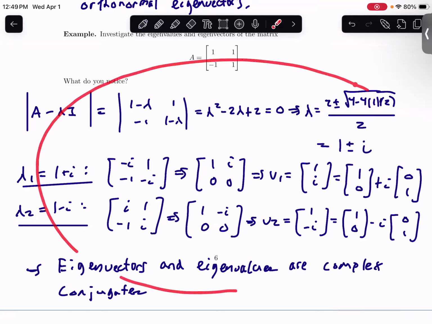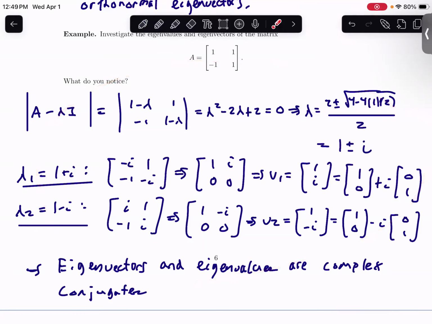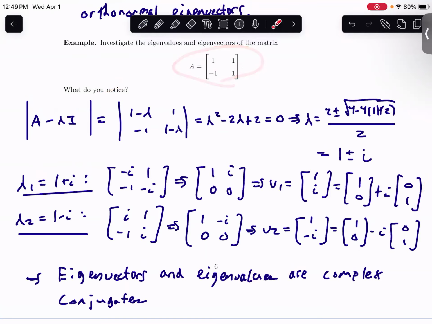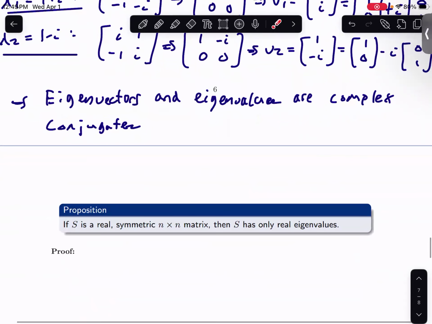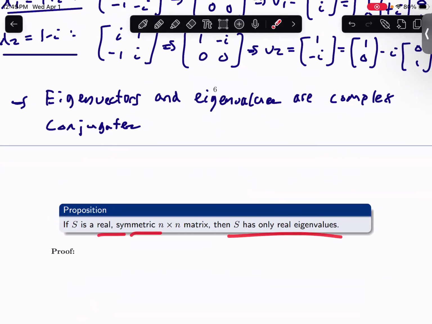The reason I wanted to go through this example is that for non-symmetric matrices, sometimes you get complex eigenvectors and eigenvalues, which is annoying. But this next proposition, which we'll prove a week and a half from now, says that if S is real and symmetric, then S only has real eigenvalues. So the eigenvalues and eigenvectors behave a little bit better.